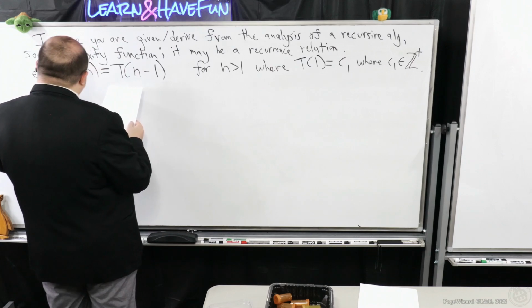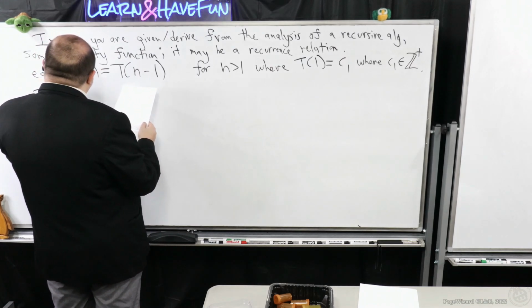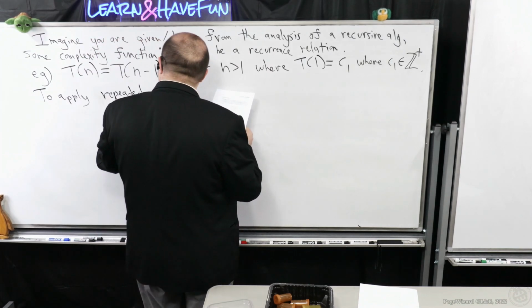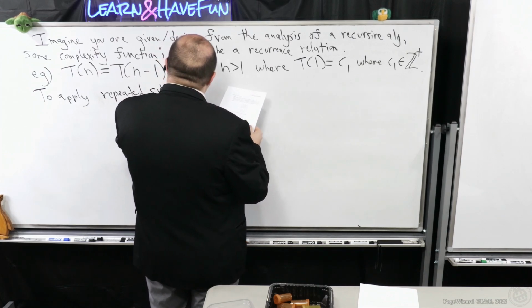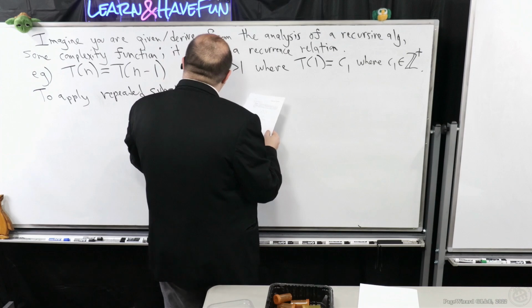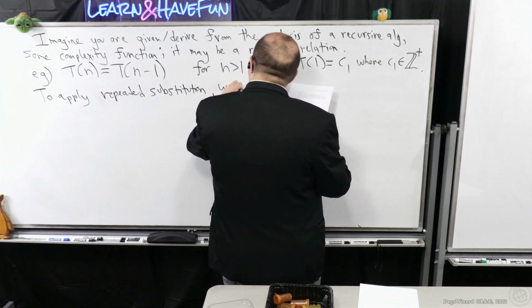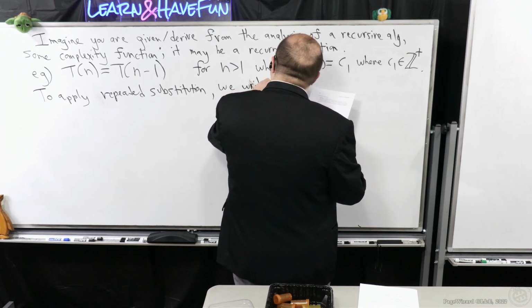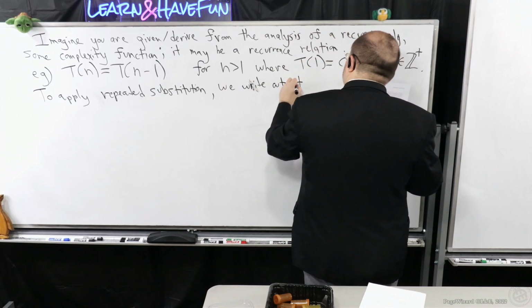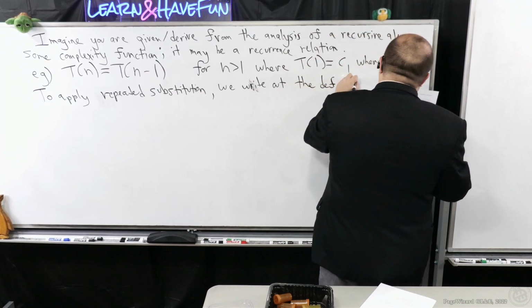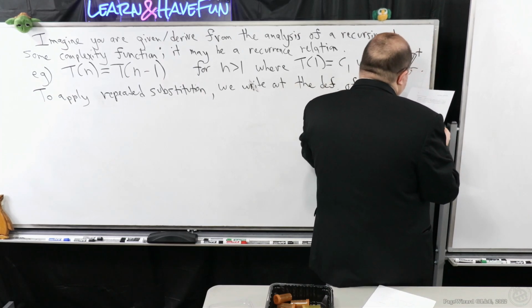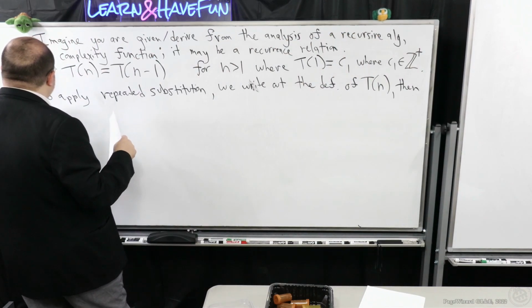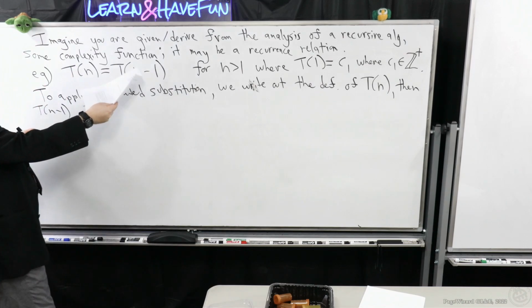So to apply repeated substitution or iteration, we write out the definition of T of n, then T of n minus 1. Because remember, it recursively calls on T of n minus 1, right?